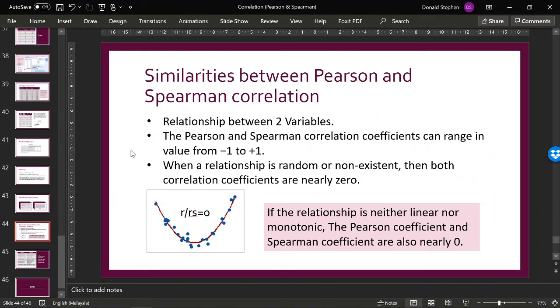So let's talk about the similarity between Pearson and Spearman, because I got asked these questions a lot by students. Even last night, one master student asked me this. So what are the similarities between Pearson and Spearman? When do we use Pearson and when do we use Spearman? These two are about measuring relationship between variables.